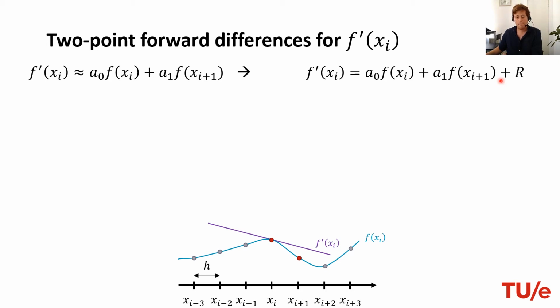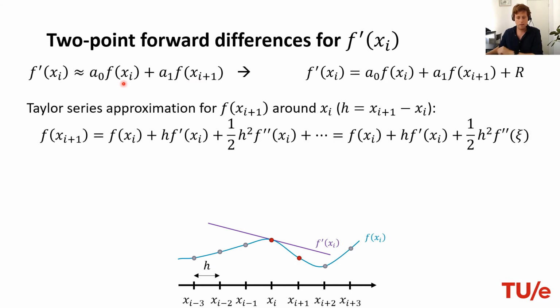Okay, so let's apply the strategy that I introduced in the beginning of this video. In order to determine coefficients a0 and a1, what we need to do is write a Taylor series expansion of f at xi plus 1 around the point xi. If we just plug these things into the standard expression for a Taylor series expansion, we end up with the following.